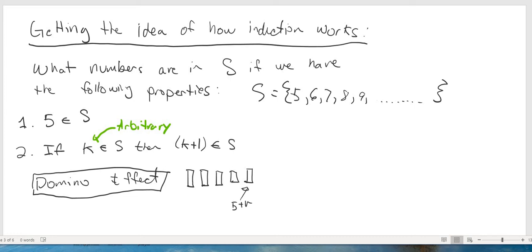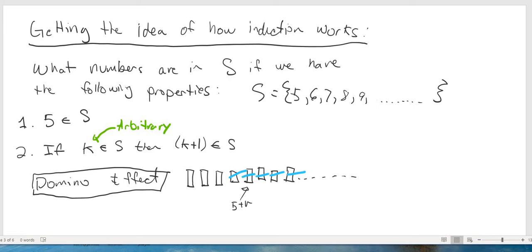Let's put some more. You have a bunch of them, right? If you tip over the 5th one, if you take this one and push it, it tips over the one in front of it. This guy tips over this one, tips over this one, tips over this one. So guess what happens? Well, I made a mistake here.